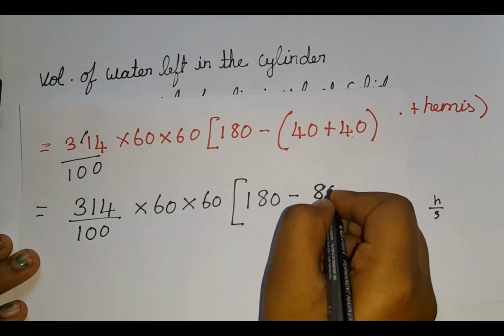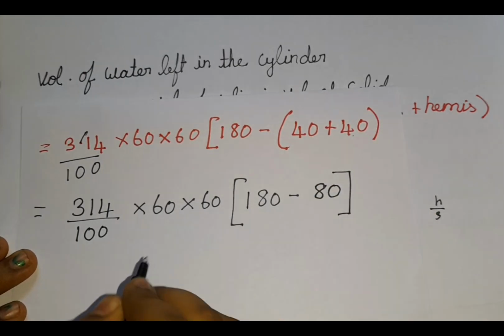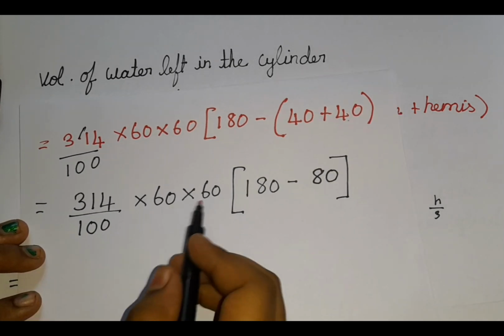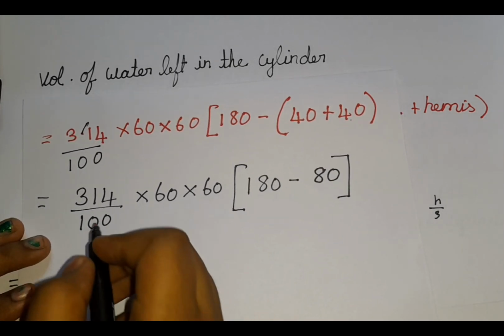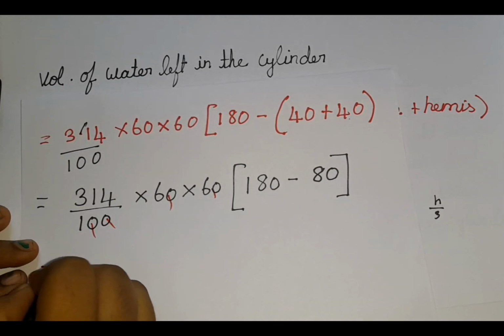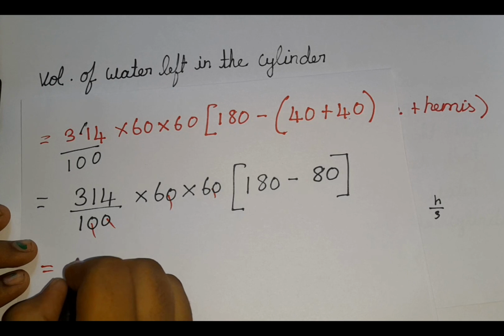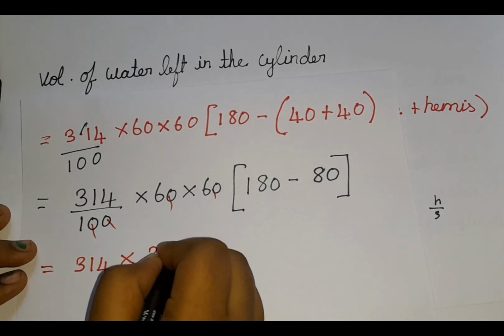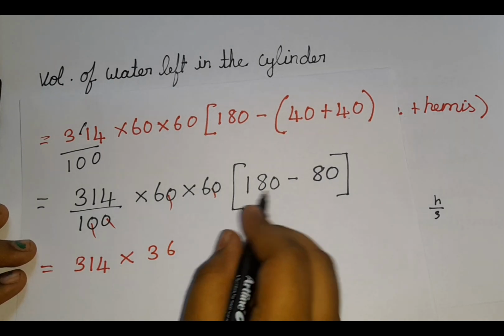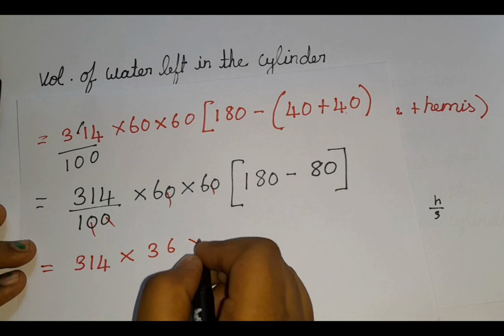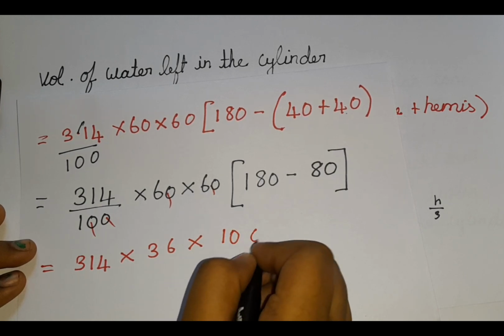Let us write 80 and close the bracket. Since we have 100 here and 60 into 60, we can cancel the zeros. When we cancel them, we have 314 into 6 into 6 is 36, and then 180 minus 80 is 100. Since it is in bracket, let us write into 100.